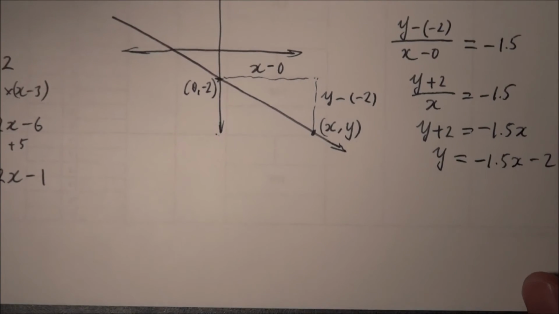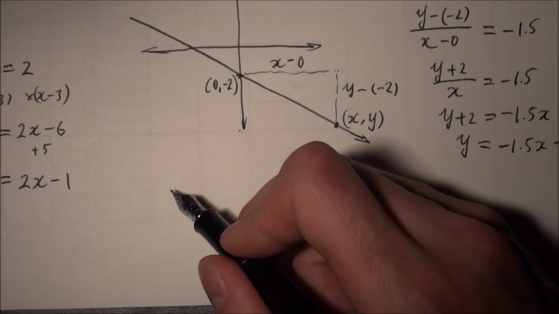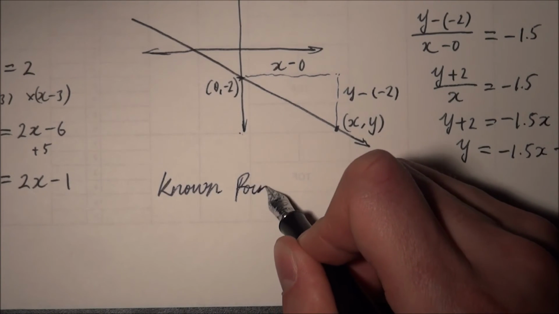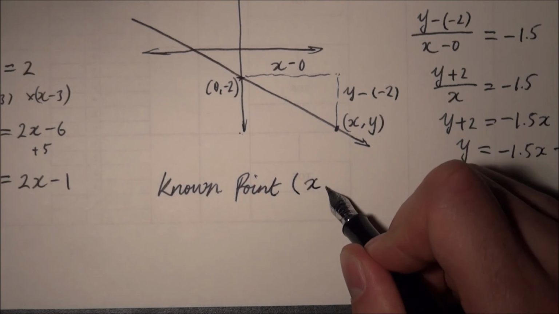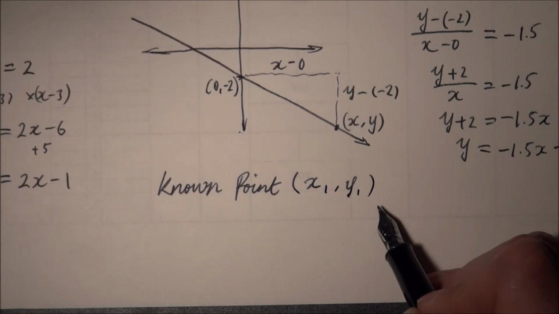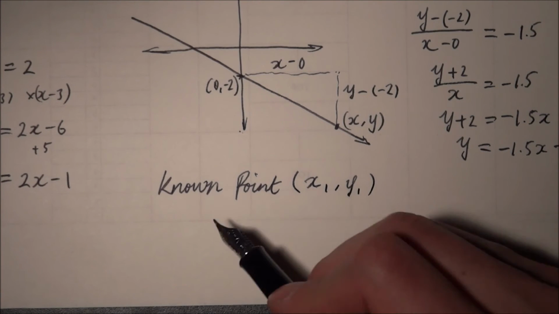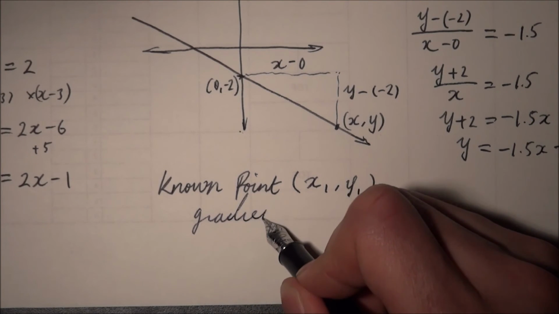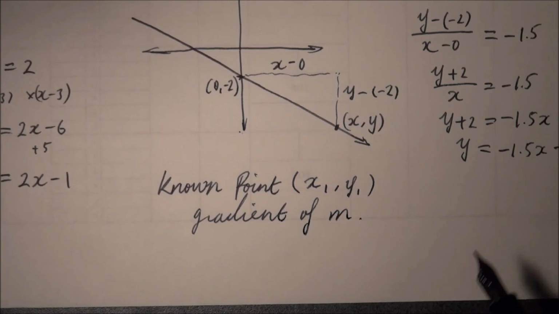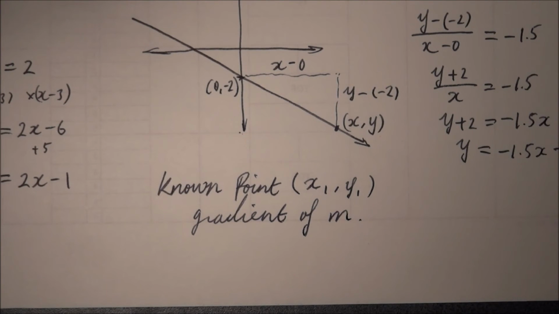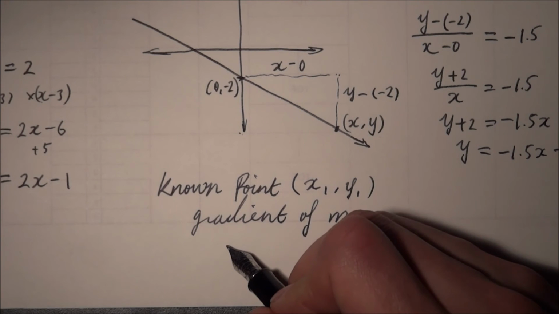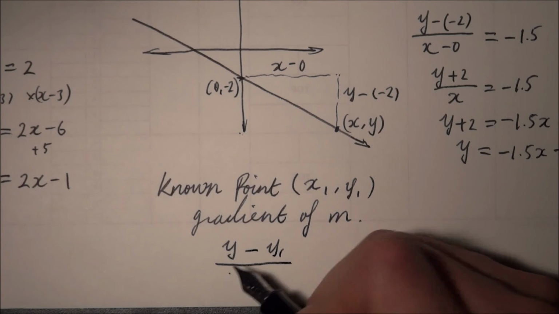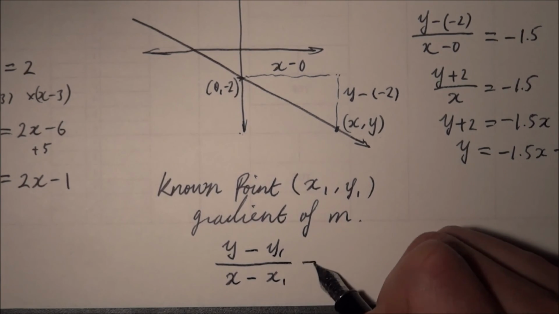The point is, if we have a line with a known point (x1, y1), if we already know where this particular point is, and if we know that the line has a gradient of m, then if we choose any arbitrary point (x, y), then y minus y1 over x minus x1 has to be m.